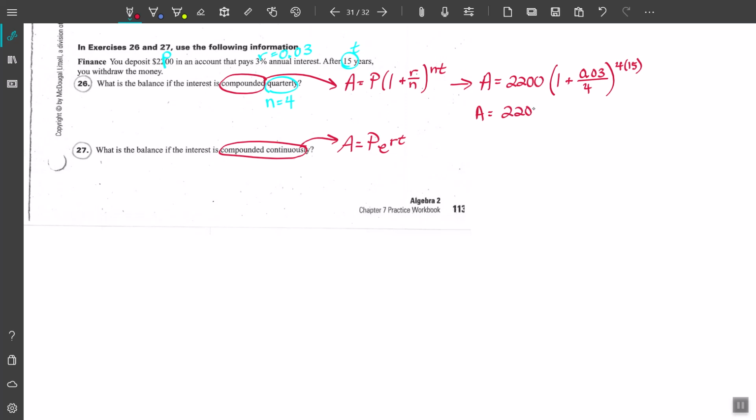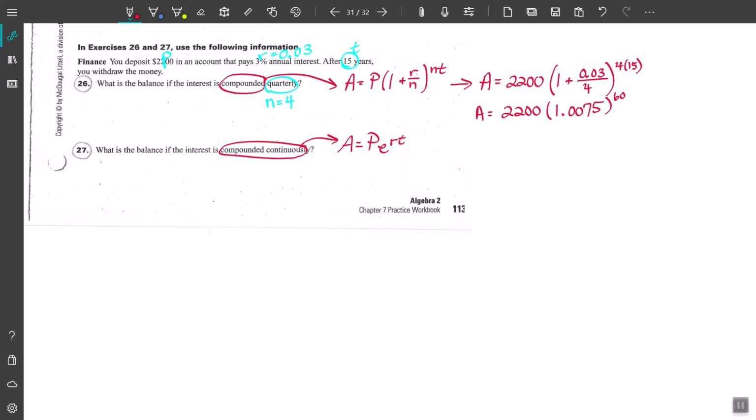All right, right here, I'm going to divide that 0.03 by 4 first, and then add it to my 1. When I divide, I get 0.0075, add it to the 1, and I get this number right here. And of course, 4 times 15 is 60.